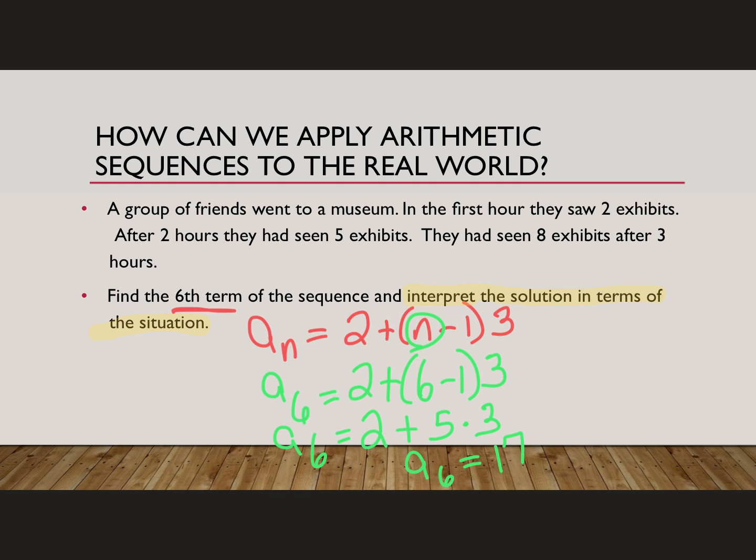So we need to think back to the situation. So what is this situation? The situation is a group of friends went to a museum and they're seeing exhibits. So what does the 6th term mean in terms of this situation? Well, it means that they saw 17 exhibits.